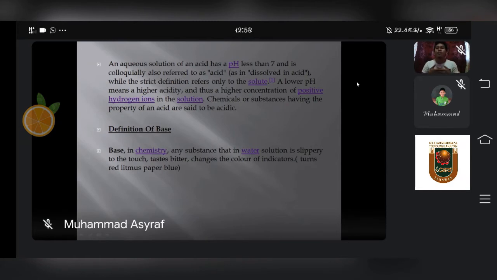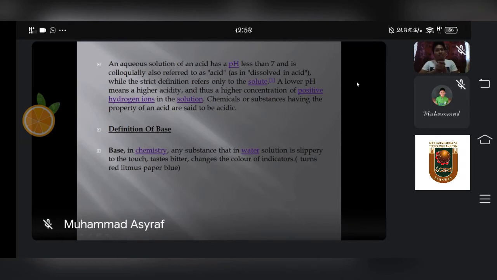A lower pH means a higher acidity and thus a higher concentration of positive hydrogen ions in the solution. Chemicals or substances having the property of an acid are said to be acidic.